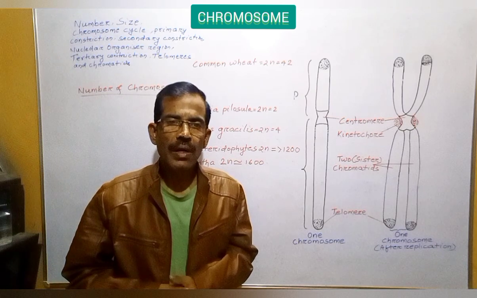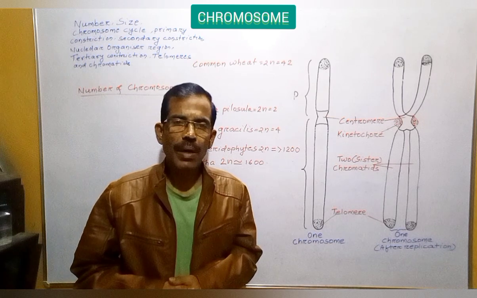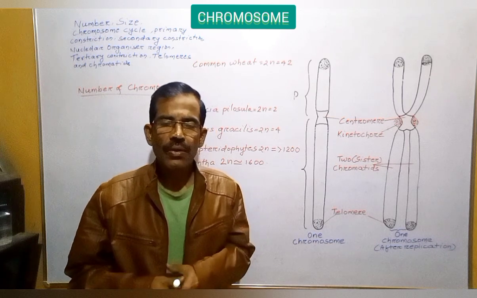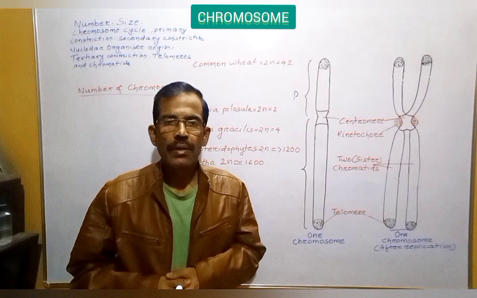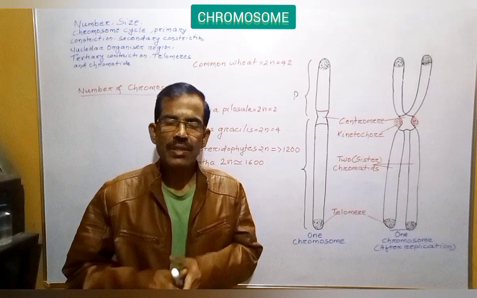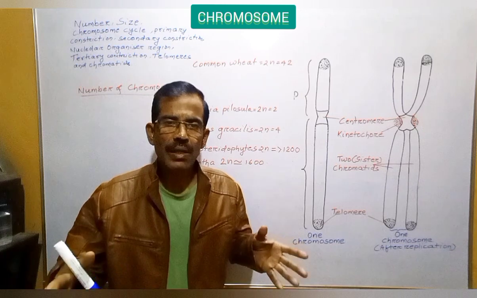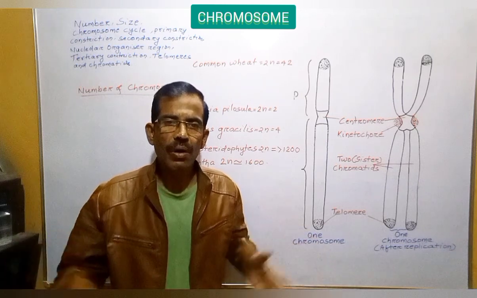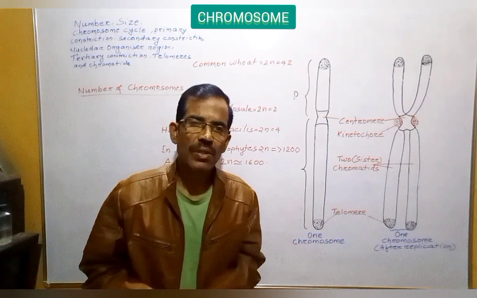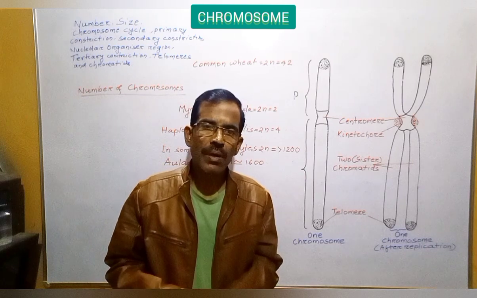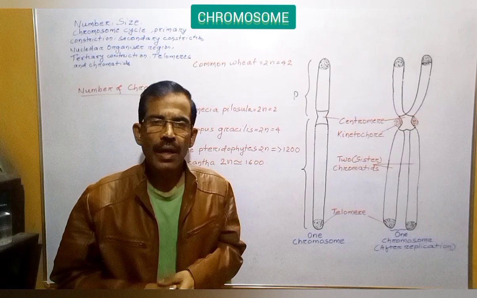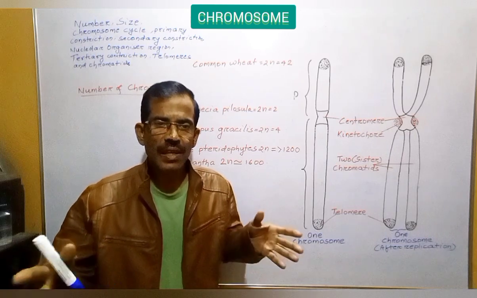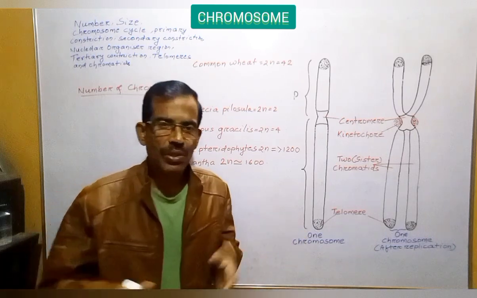The diploid number is represented by the symbol 2n, whereas the haploid number is represented as n. The number of chromosomes is constant in all somatic cells of all individuals of a species. The chromosome number is used for species identification and also to trace relationships within a species.